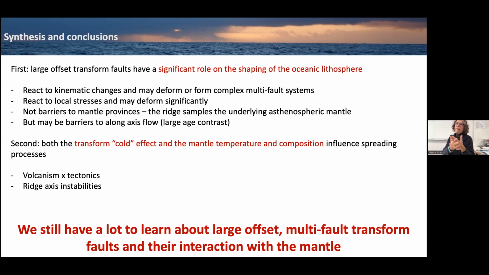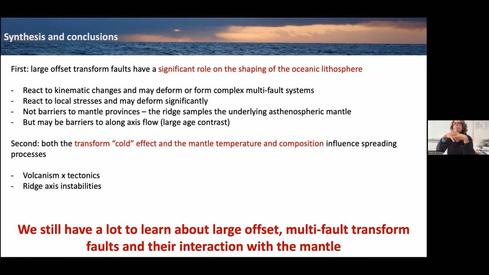And second, both the transform cold effect and the mantle temperature and composition will have a strong influence on the spreading process, in terms of volcanism contrasting with tectonics, and also in terms of ridge axis instabilities.